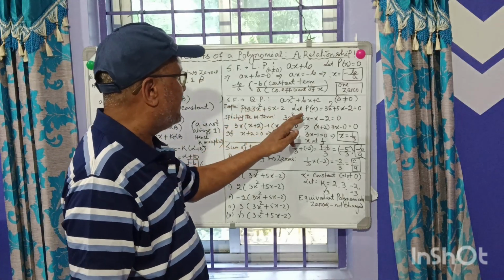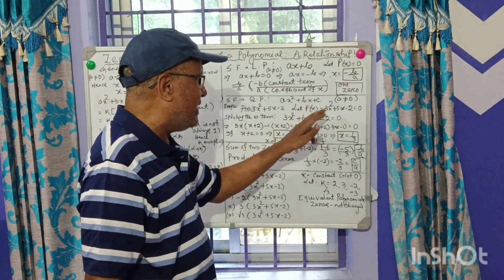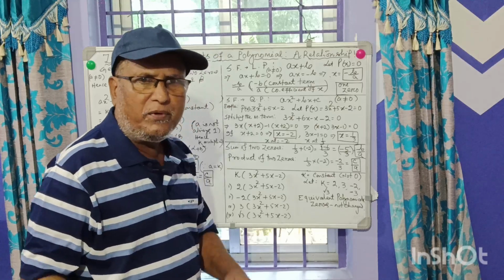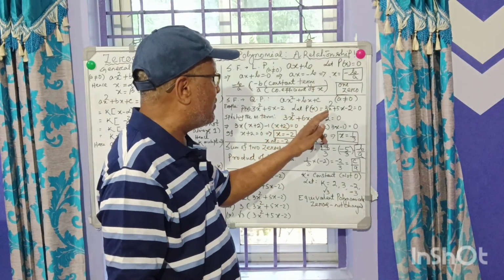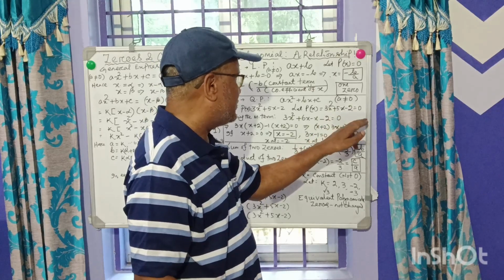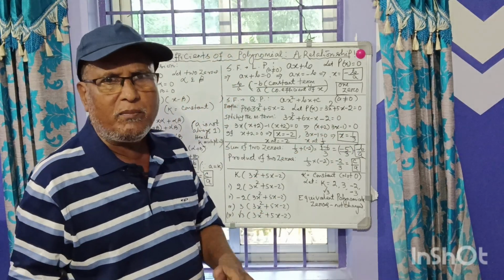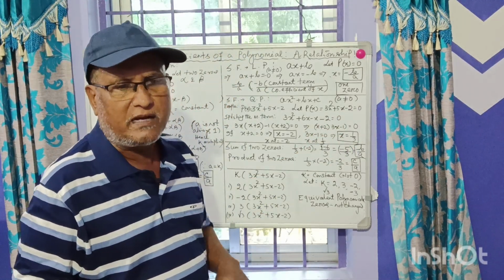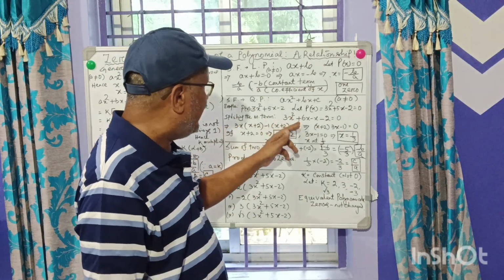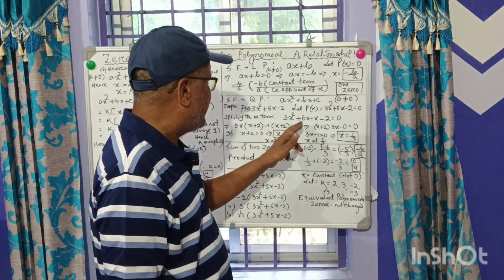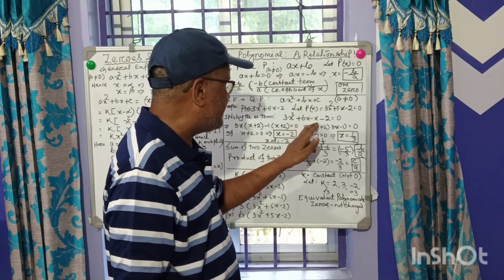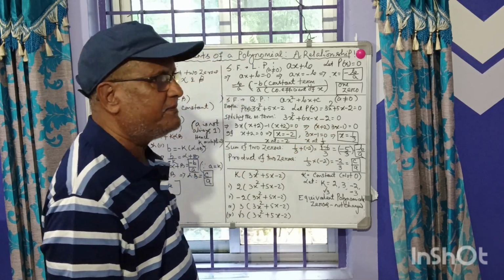Let p(x) be this polynomial, and let it be 0 for some value of x. So let p(x) is equal to 3x square plus 5x minus 2. And you have already learnt in class 9, by splitting the middle term, we can write 3x square plus 6x minus x minus 2 equals 0. Why?